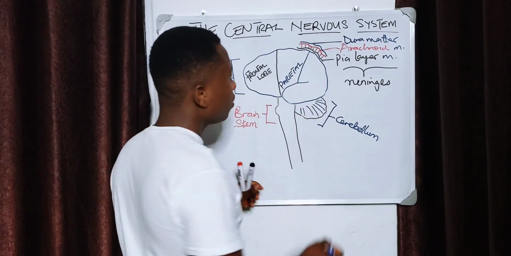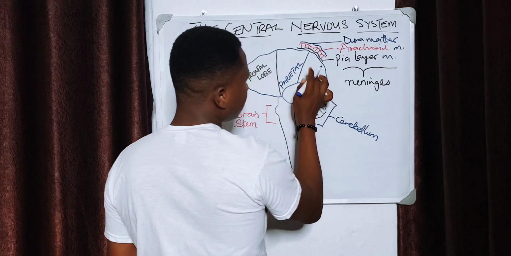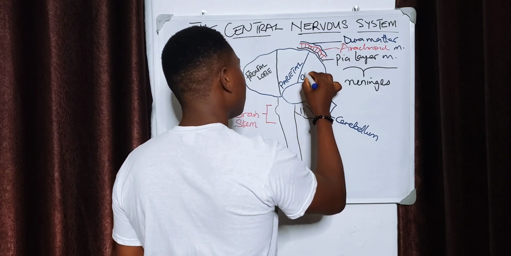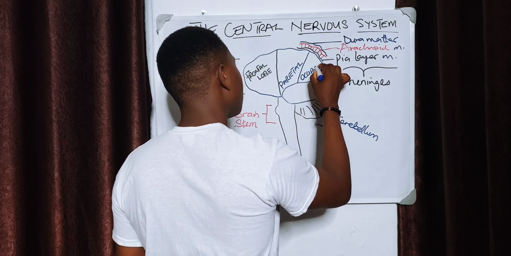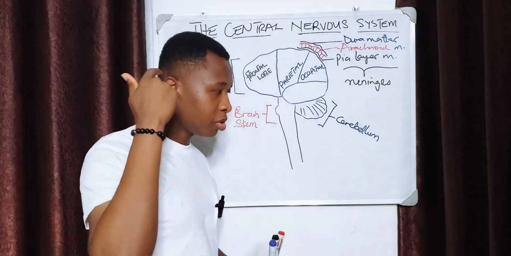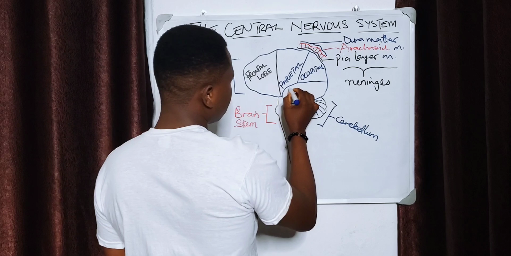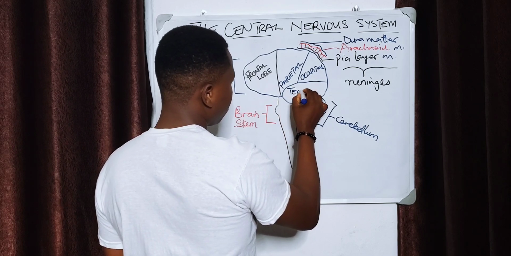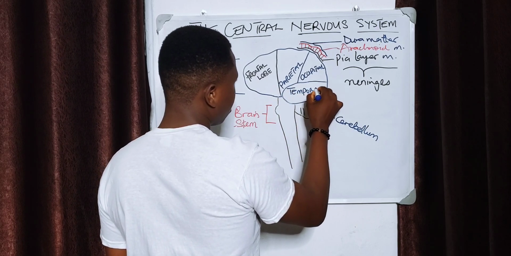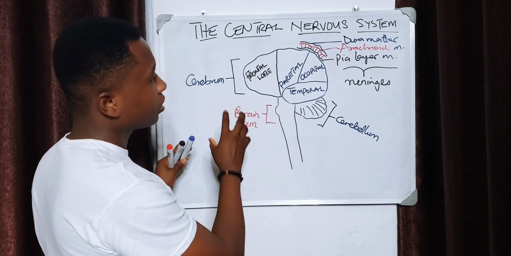Then you have another division here. This division is called the occipital lobe. That's the occiput. Then you have this last division called the temporal lobe. So these are the major divisions of the cerebrum.